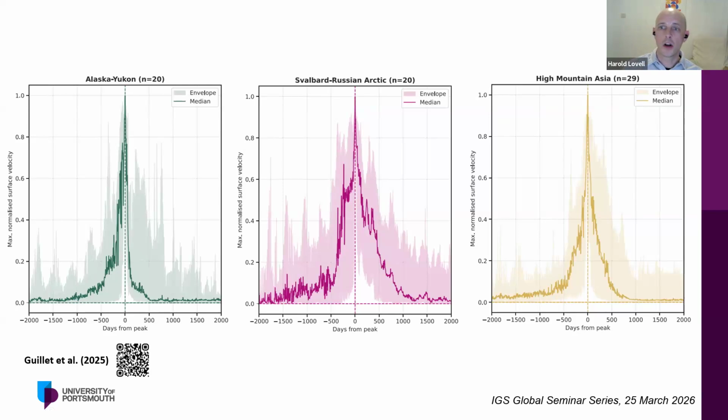And you can see that whilst there are some patterns that can be taken from this, we seem to see particularly relatively abrupt initiations of surges in Alaska Yukon and very abrupt terminations. In Svalbard, we seem to see a much more gradual start and then a much more gradual finish, and generally a longer total surge duration. High mountain Asia is somewhere in the middle, with relatively even spread of the initiation and termination of the surge. But I guess the main thing to say is that there's quite a lot of variety we're looking at there.